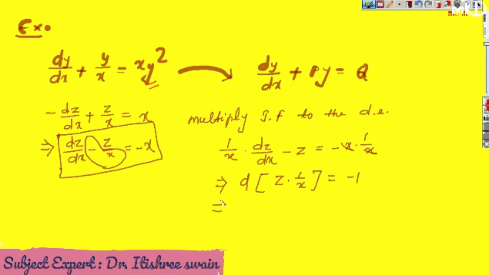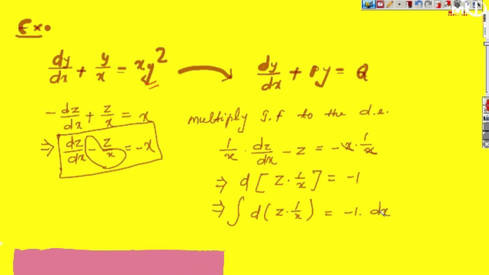It is the integration of the differentiation of z into 1 by x is equal to the integration of 1 into dx. So the integration becomes z by x is equal to the integration of dx, that is x plus c.